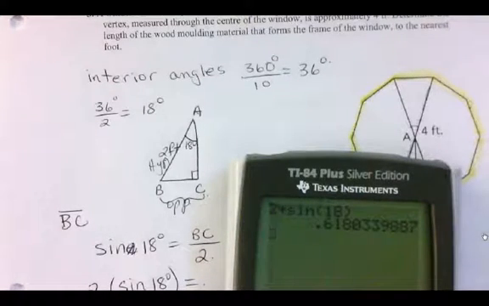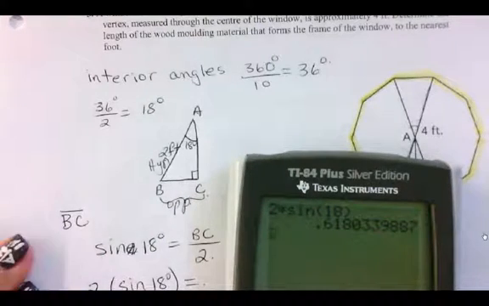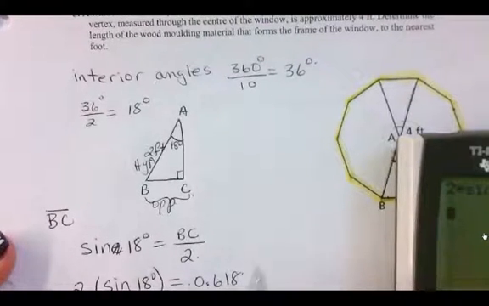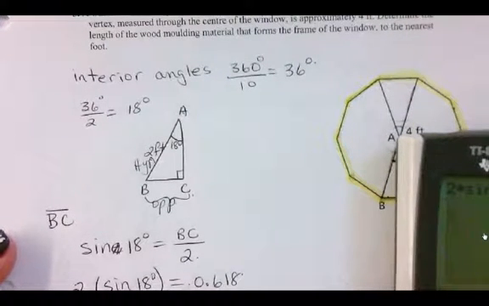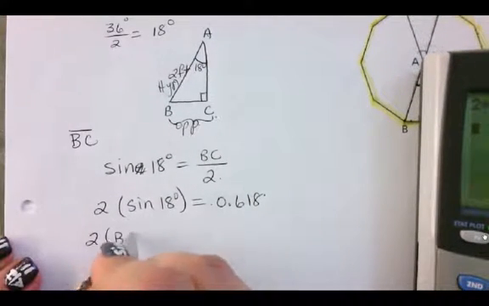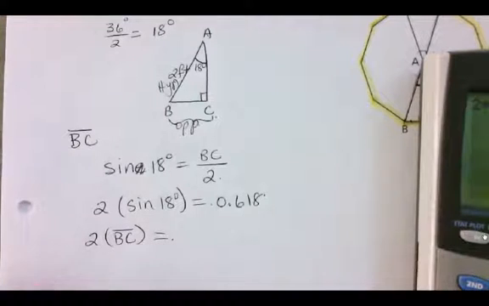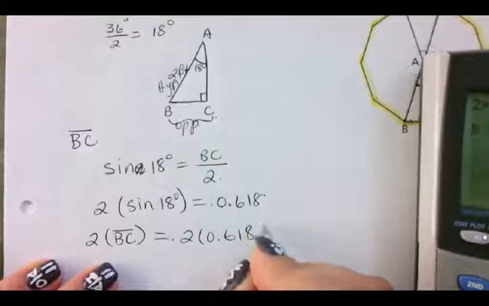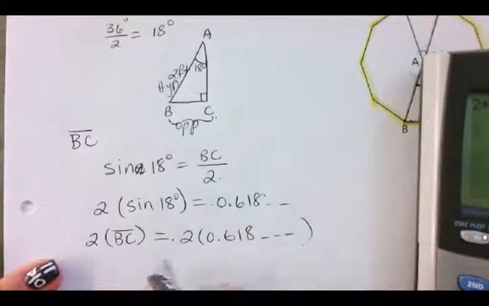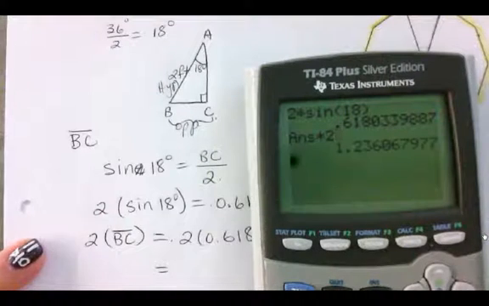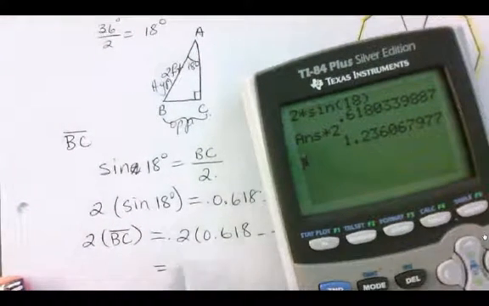All right, so we get 0.618, that's for just this little piece. And then what do we do with that? Okay, so then we're going to multiply that by 2. So I want 2 times line BC, and that's going to equal 2 times 0.618, keep my decimals. And then I get 1.2.